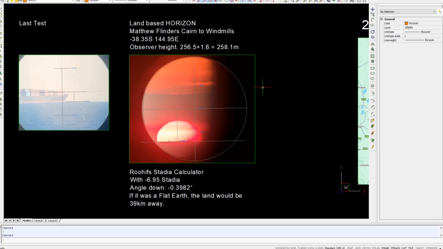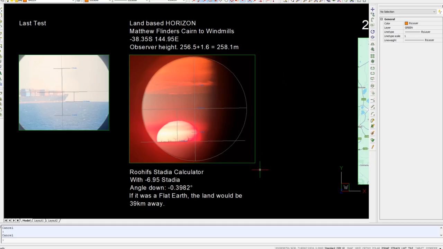Right, so details first. I was at Matthew Flinders' cairn, which we call a cairn, which is like a stack of rocks. And that was on August the 2nd. These are the coordinates, and this is the observer height, so about 258 meters high.